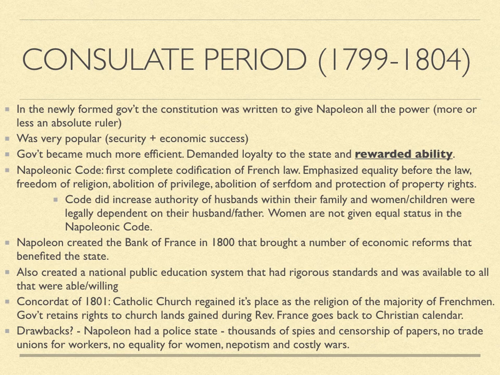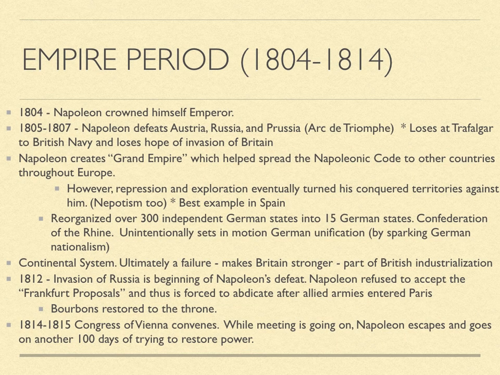Now the problem is that Napoleon gets power hungry, and eventually Napoleon is going to crown himself emperor. Once he crowns himself emperor, he's going to go on another war crusade. Basically his whole claim was that he was freeing the rest of Europe from control of these old kings who repressed people's rights and privileges.